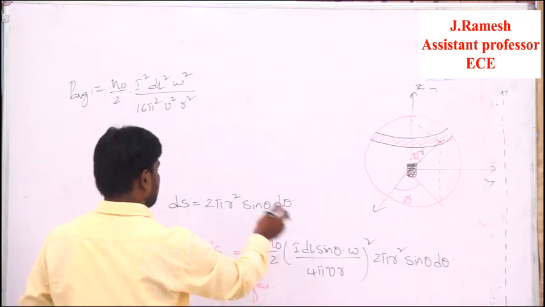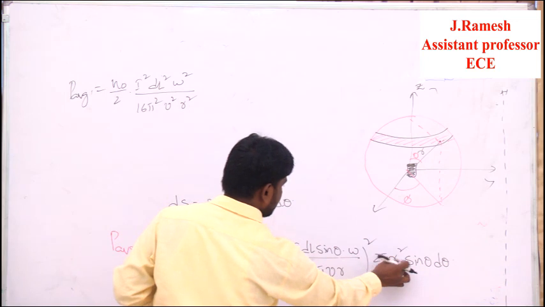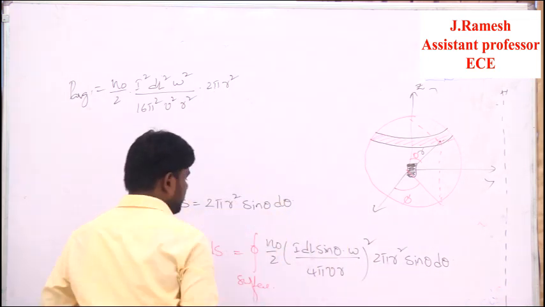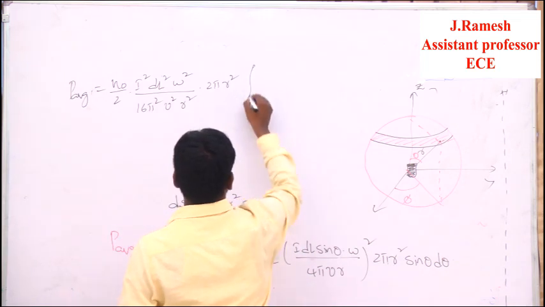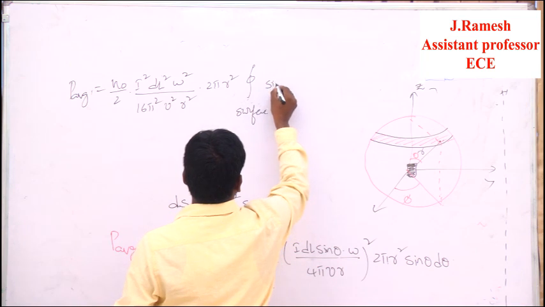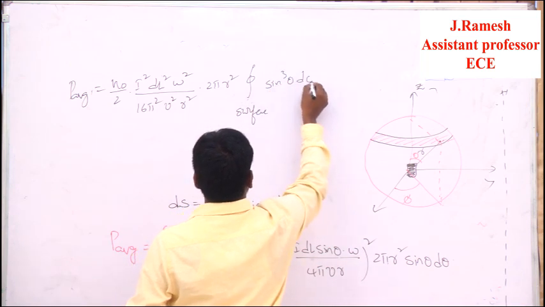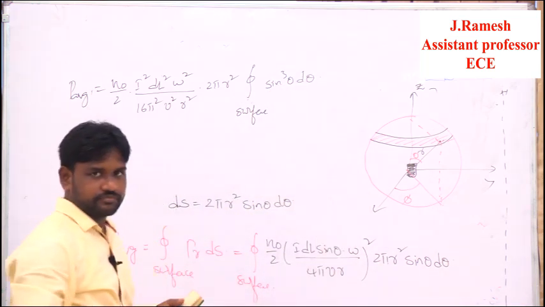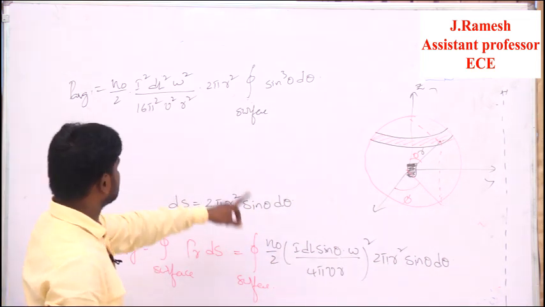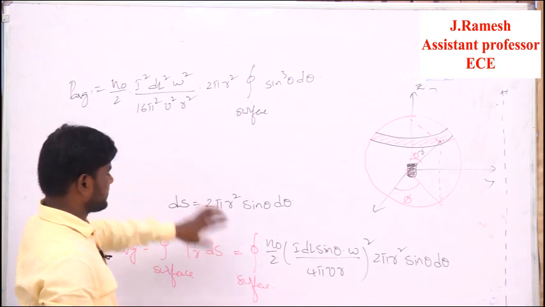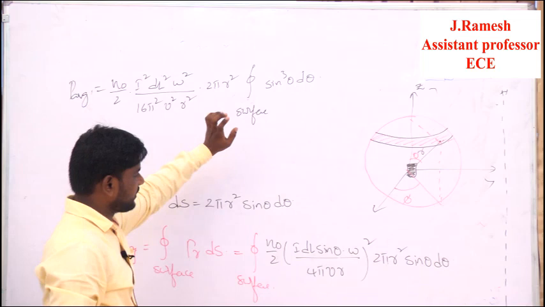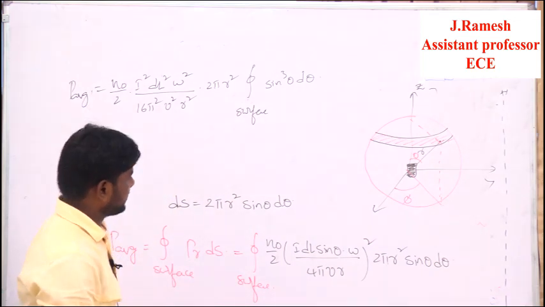If you take the remaining terms, 2 pi r square is also there. The remaining part is only the surface integral of sin cube theta d theta. So now eta naught by 2, I square dl square omega square by 16 pi square v square r square, and also 2 pi r square, which I wrote over here, times the integral of sin cube theta d theta.